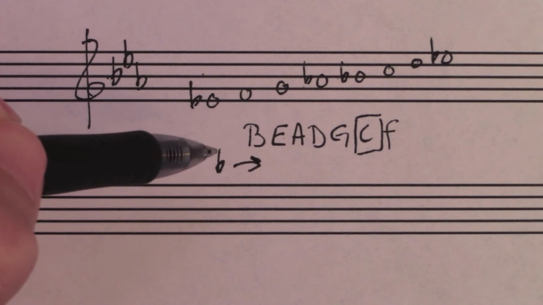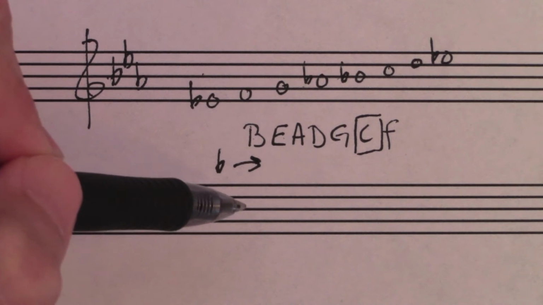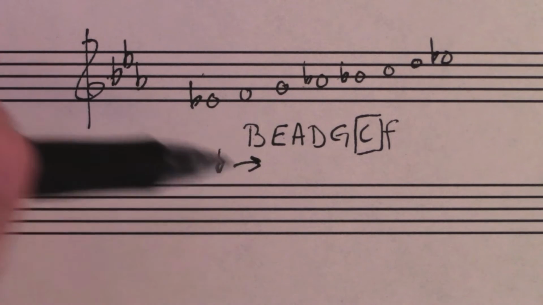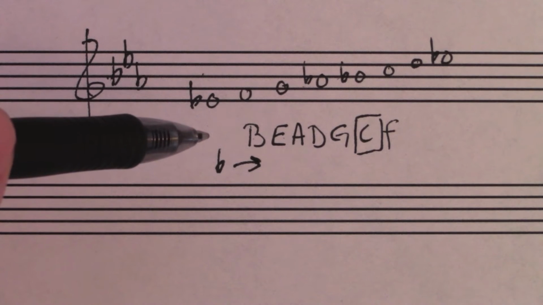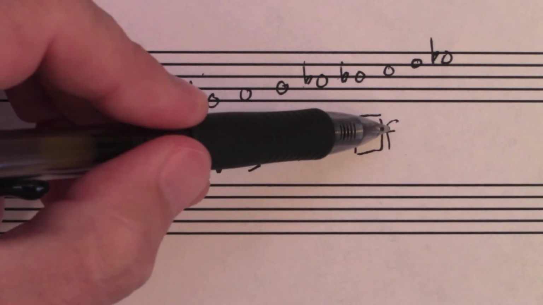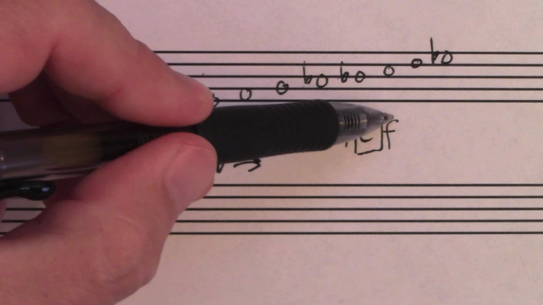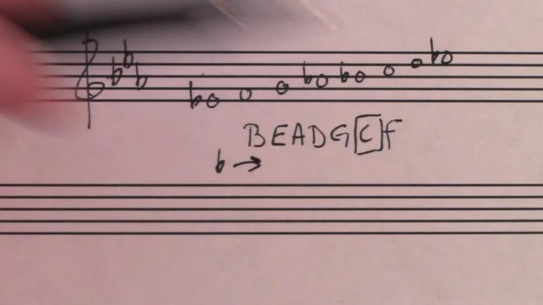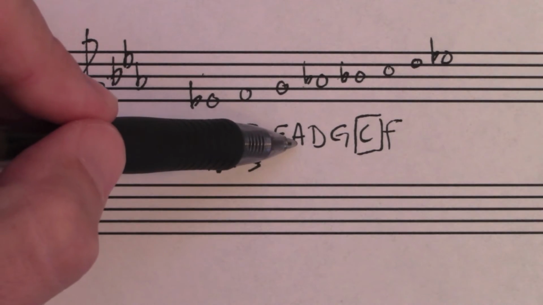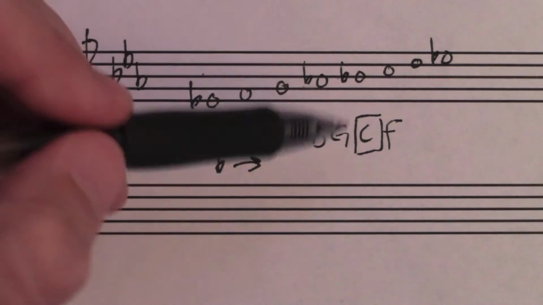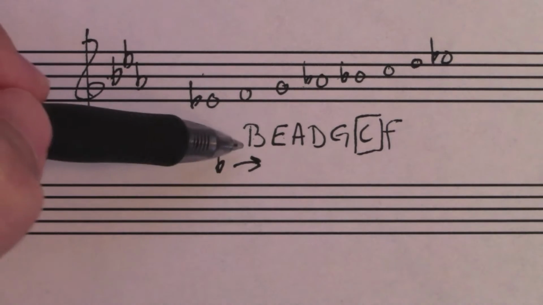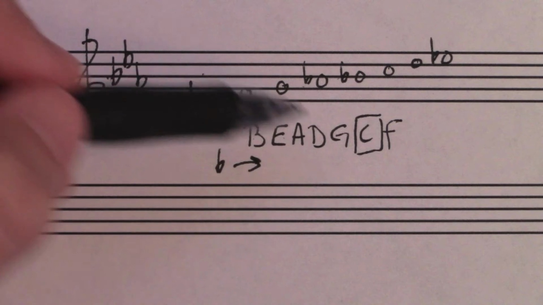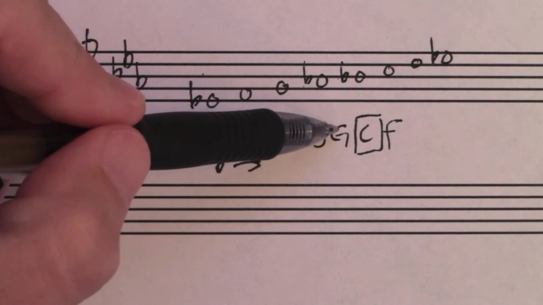Now, every flat key has the word flat in its name, except for F. The key of F is a flat key, and it's just the key of F. It's not F flat, but it's F. So key of A flat is a flat key. Key of G flat is a flat key. The key of B flat is a flat key. The key of F is a flat key. The key of G is a sharp key, but we're not talking about that this week.